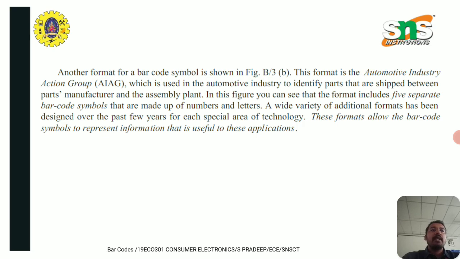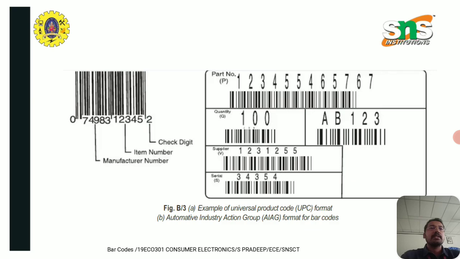A wide variety of additional formats has been designed over the past few years. These formats allow the barcode symbols to represent information that is useful to these applications. The figure shows an example of the Universal Product Code format and the Automotive Industry Action Group format of barcodes.